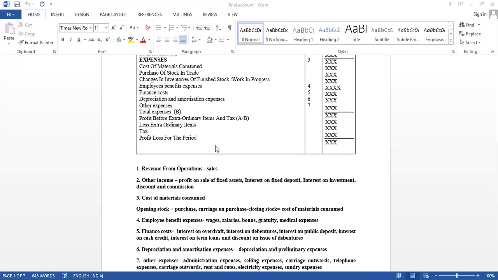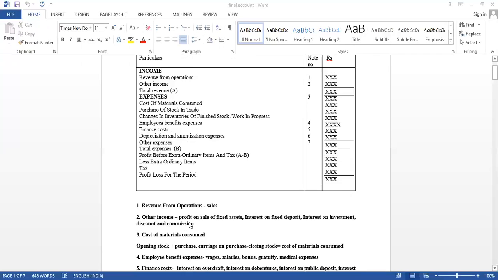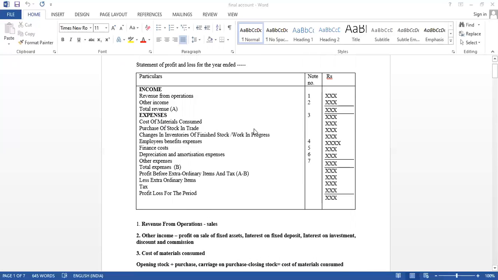Then other expenses. Other expenses are administration expenses, selling expenses, carriage outwards, telephone expenses, rent and rates, electricity expenses, and sundry expenses. Afterwards, we have to total the expenses column.